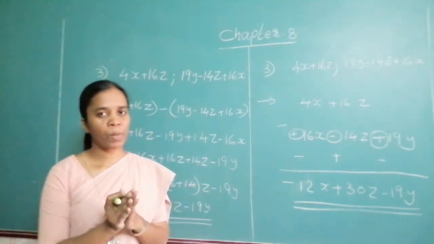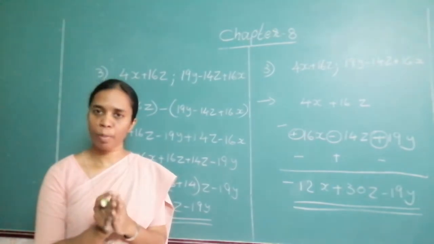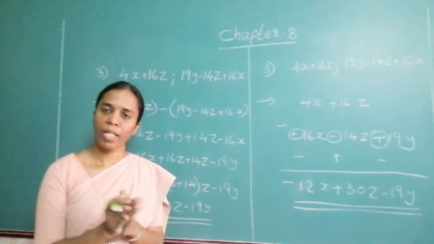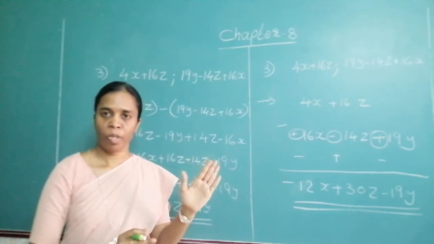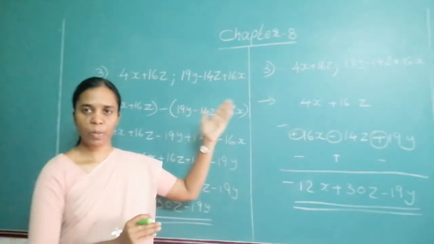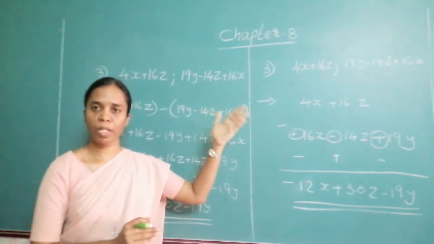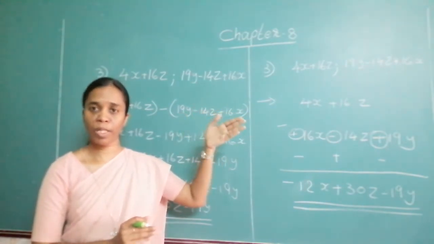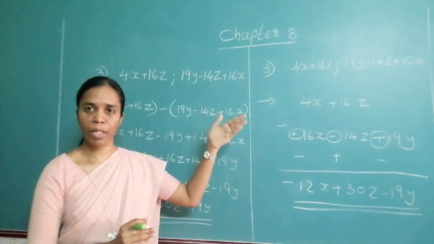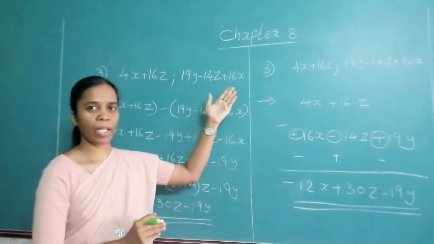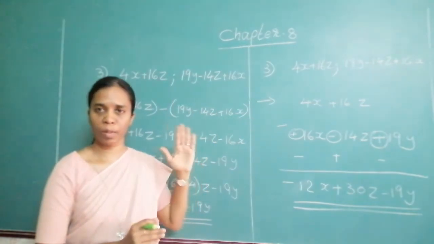Only with like terms we can do addition and subtraction. Bring the like terms together. And when it is subtraction, whatever is the second expression, whether it is binomial, trinomial, monomial, whatever, sign changes throughout because we are subtracting. So whatever is the given sign, the just opposite sign comes.